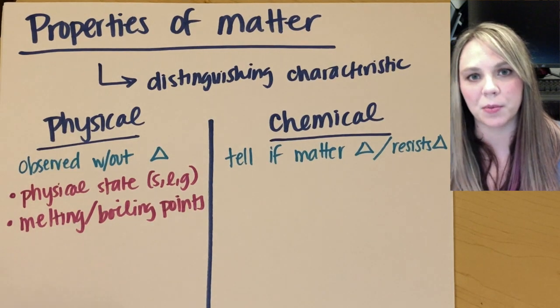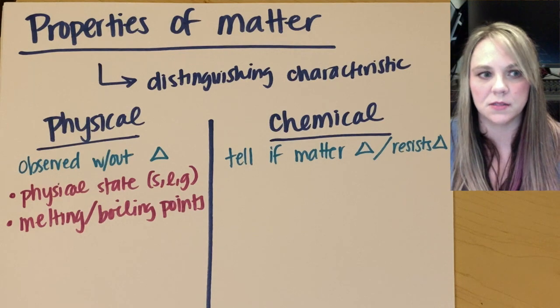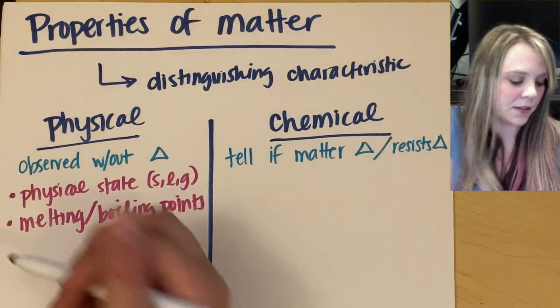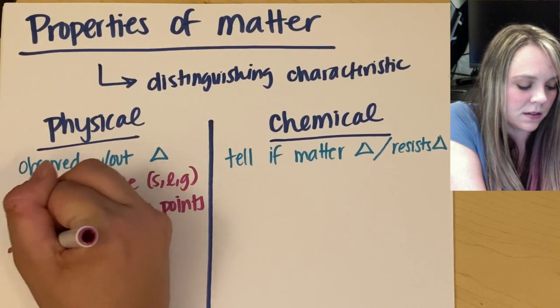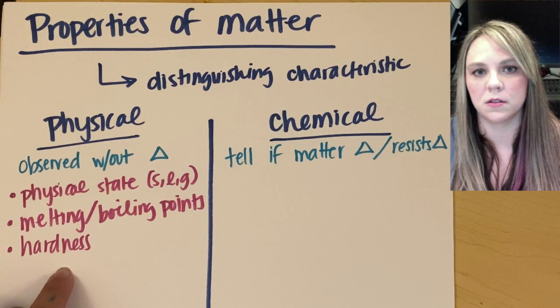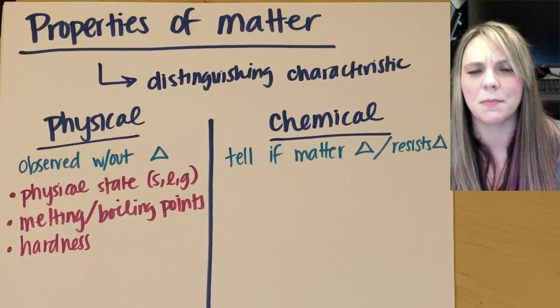That's a physical property about water itself: it will melt at 0 degrees Celsius or freeze at 0 degrees Celsius. What else? Hardness. A lot of times with gems or diamonds, they categorize a lot of things by their hardness, metals especially.